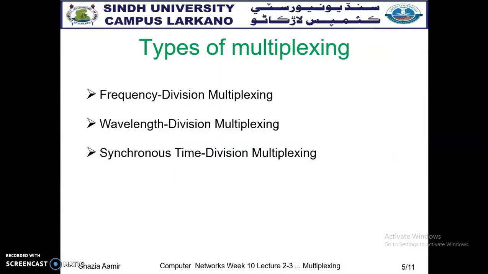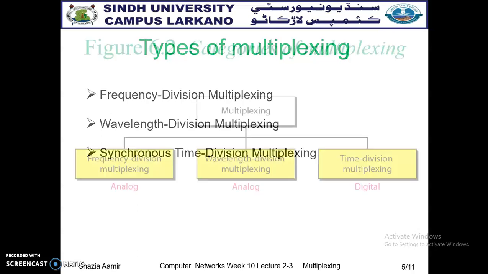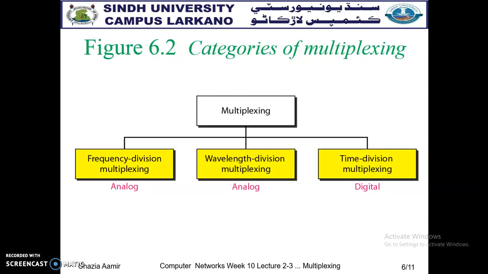The types of multiplexing are frequency division multiplexing, wavelength division multiplexing, and synchronous time division multiplexing. These are the categories of multiplexing: FDM, WDM, and TDM.